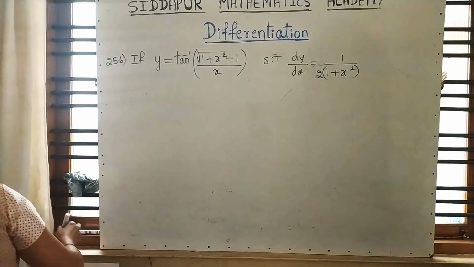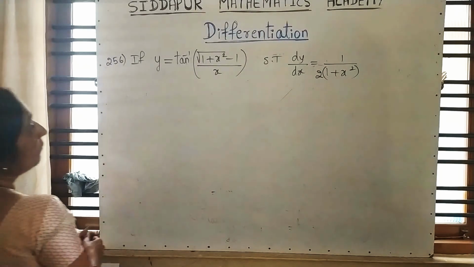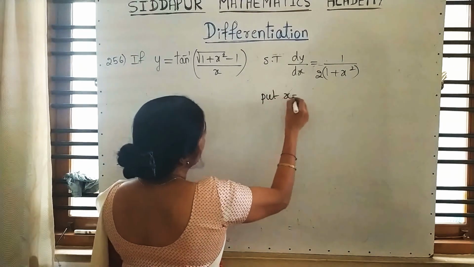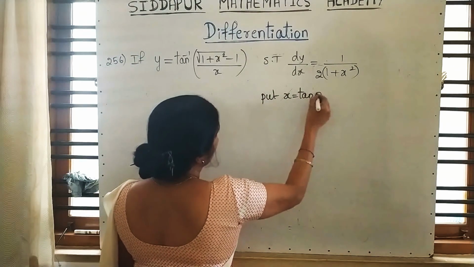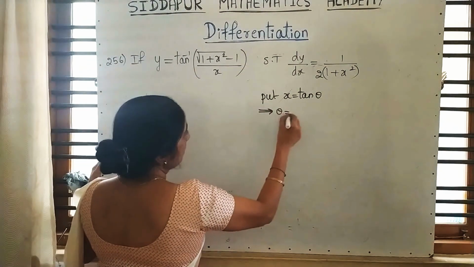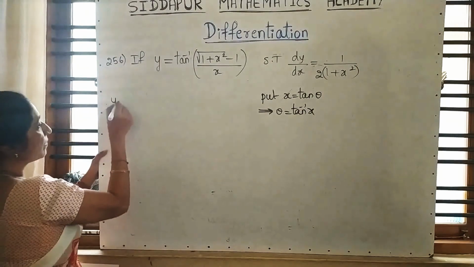Again, here we have only one root and under root we have 1 plus x square. What will be your substitution? x is equal to tan theta. Theta is tan inverse x.